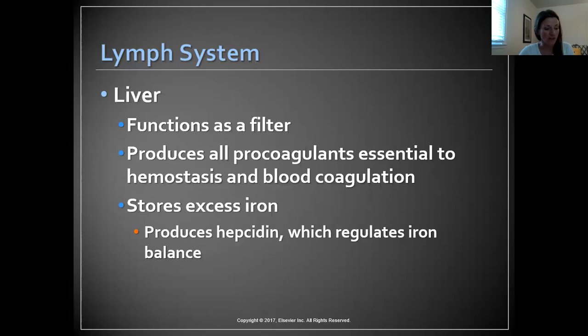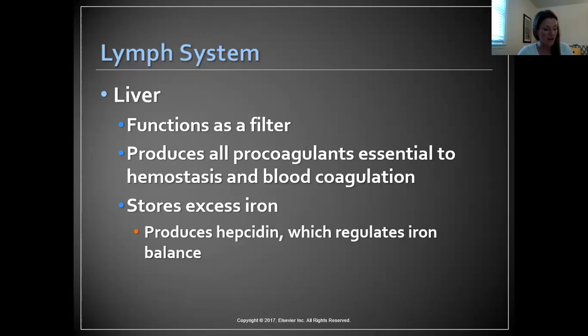The liver also functions as a filter. It's able to produce all of the procoagulants that are essential to hemostasis and blood coagulation. Frequent blood transfusions or diseases that cause iron overload can result in more iron than tissues need. Hepcidin is produced by the liver and is a key regulator of iron balance.